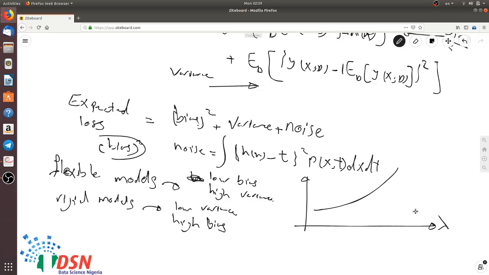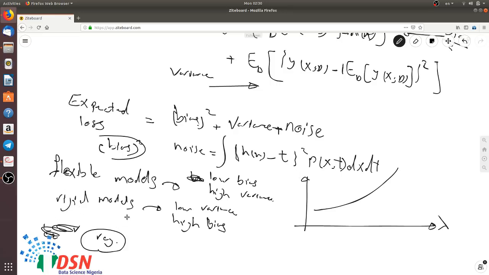We know that lambda is the coefficient of L2 regularization, or L1, or any regularization coefficient, and we know that it can control how complex or flexible or rigid the model is.